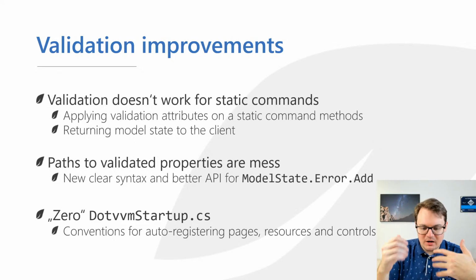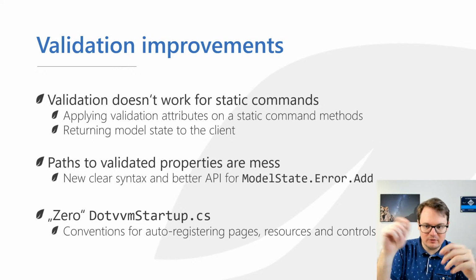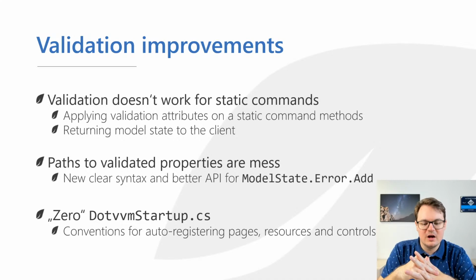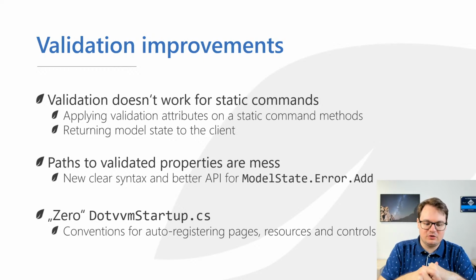And currently you had to compose Knockout.js compatible expressions, so there was a lot of parentheses, and it was difficult when you are using arrays. We want to clean this up, so there will be a better API for specifying these validation errors.